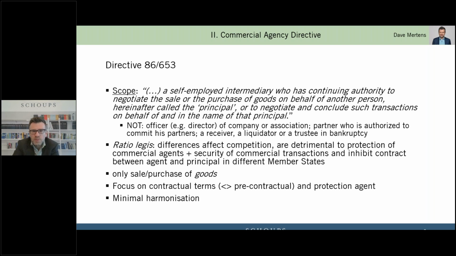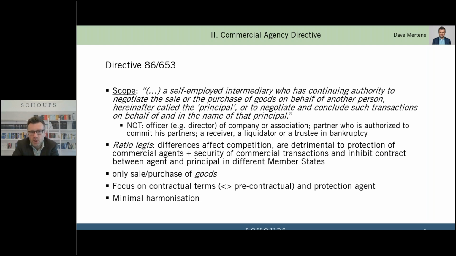But the idea was that the differences between these member states and legislations affect competition, are detrimental, and perhaps prohibit agents and specifically smaller principals, smaller companies, from entering into the contract, and thus indirectly limit access to the markets of other member states, because they inhibit access to this potentially very interesting way of distributing your products and services to another member state. So that was the general idea, to justify harmonization.